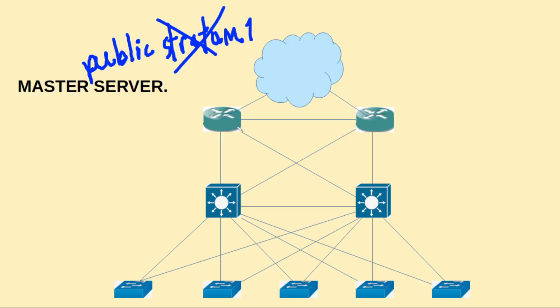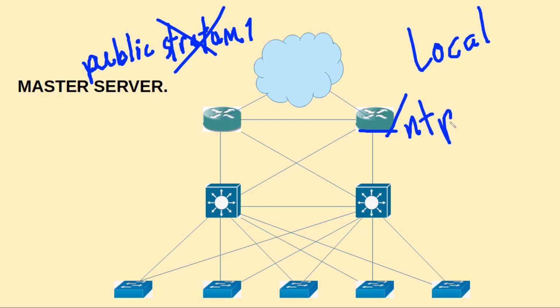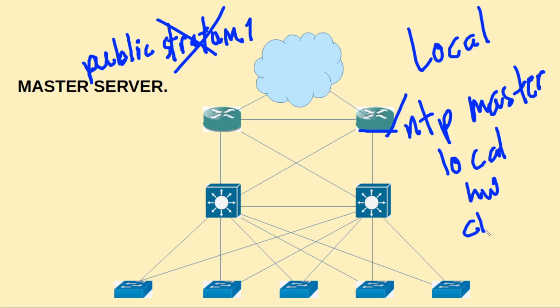However, if within your local area network you don't have access to a public stratum 1 device, you can turn your Cisco device into an authoritative device for your local area network if you issue the command NTP master. Then your device will use its local hardware clock as the authoritative source for your local area network.